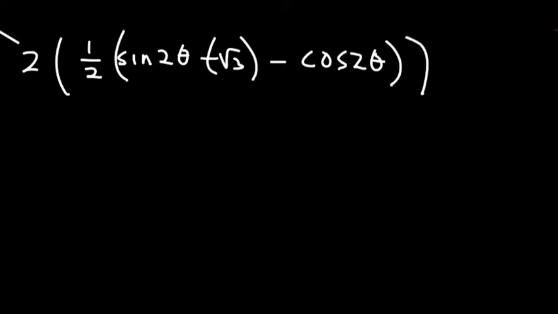So what we've done is that we've factored out half. So half has been taken outside. There we remained with root of 3, and there's only 1. So 1 times cos 2 theta is the same as cos 2 theta.